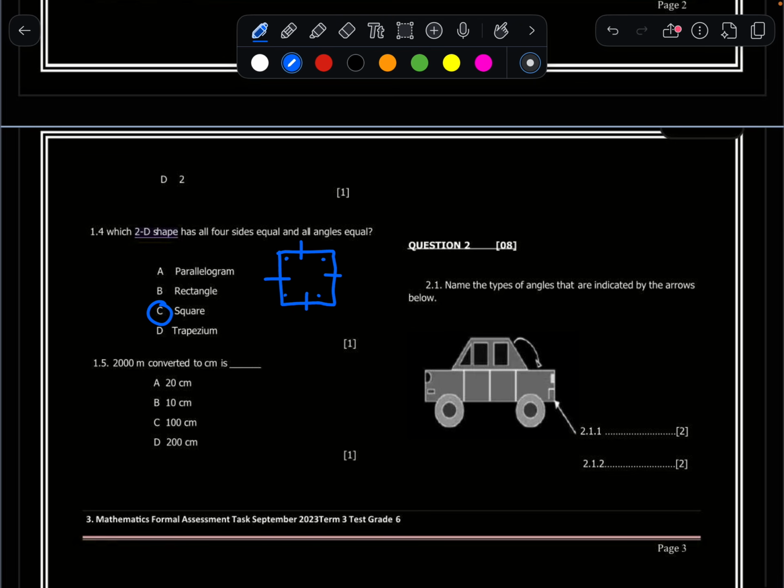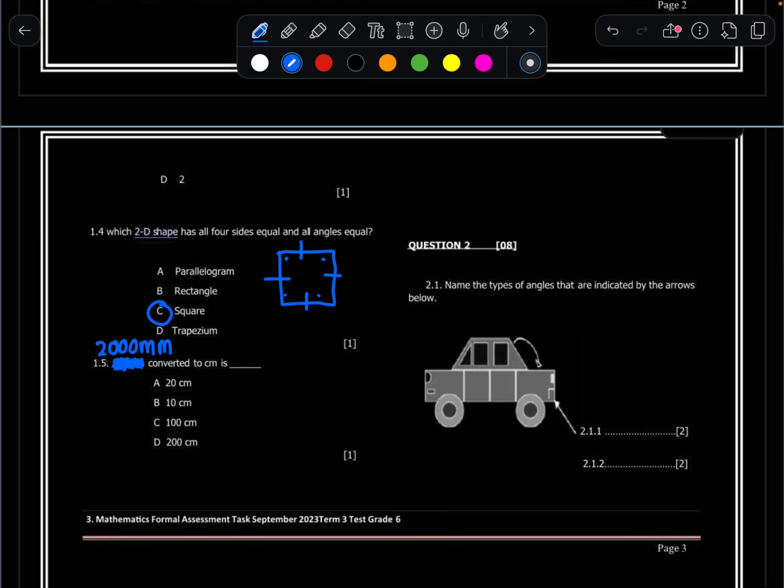I think maybe it's missing something here. So let's just make this 2,000 millimeters converted to centimeters. So let's just get rid of that. Otherwise this one doesn't work out. 2,000 millimeters converted to centimeters.